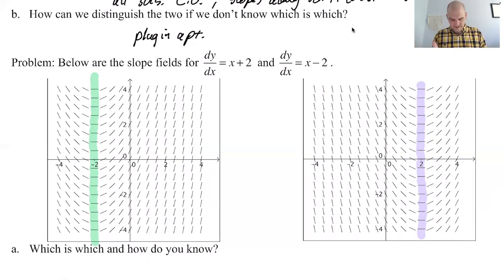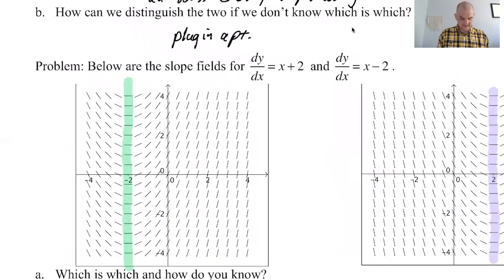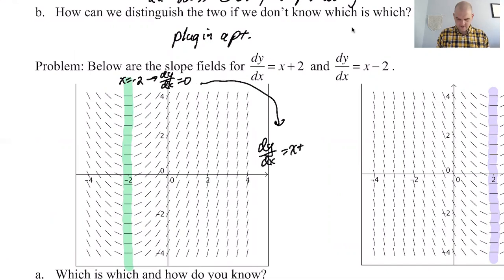So for example, on this one, if you didn't know which was which, at this point I know that because the slopes are 0 when x equals -2, I know that dy dx has to equal 0 when x equals -2. So then that means that dy dx must be x plus 2 in this case.